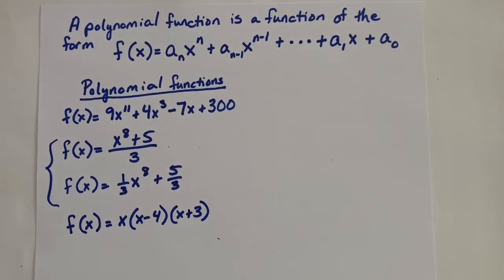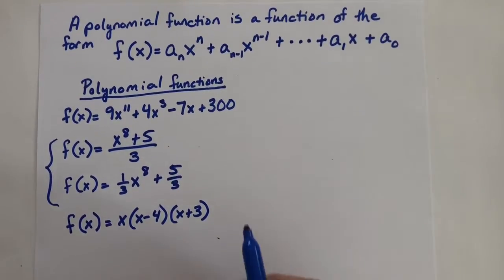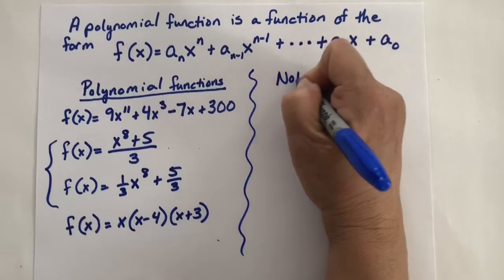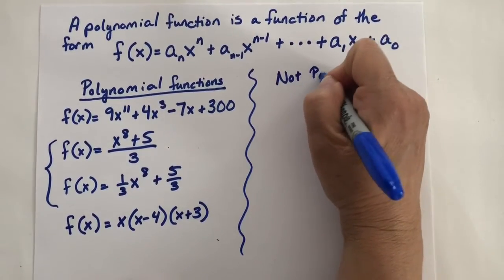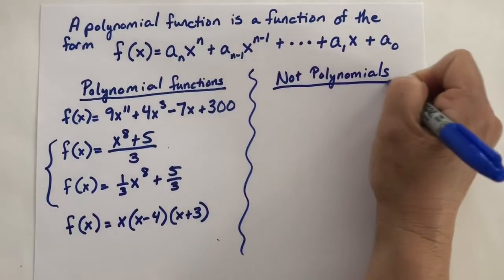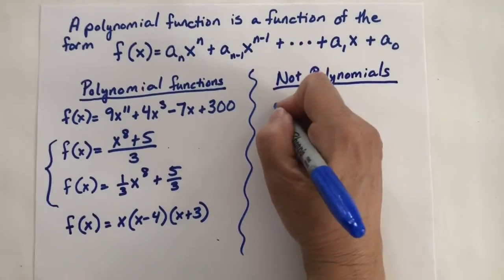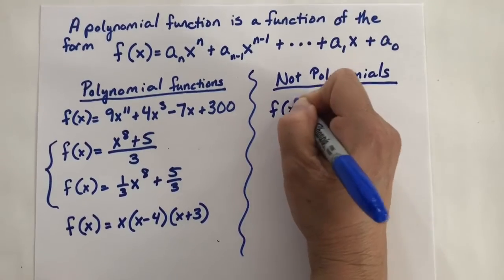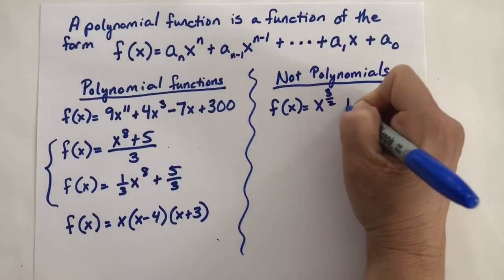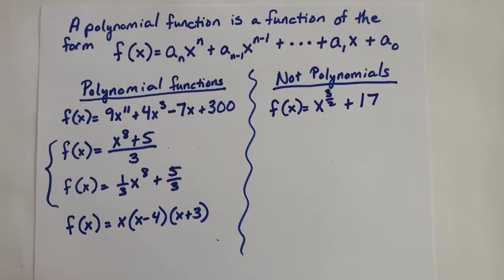Now, let's look at some functions that would not be polynomials. So something like this, for example. F of x equals x to the 3/2 plus 17.